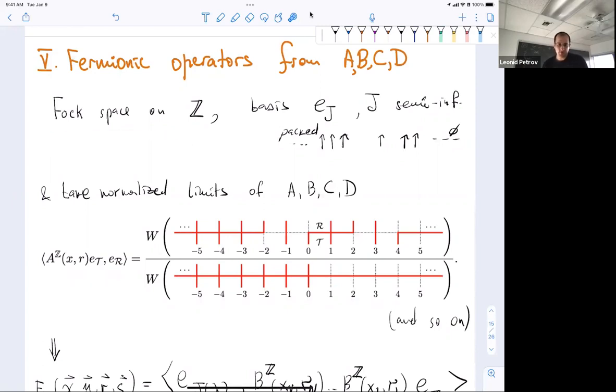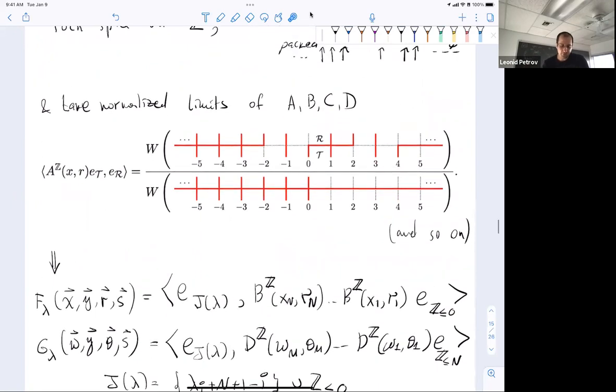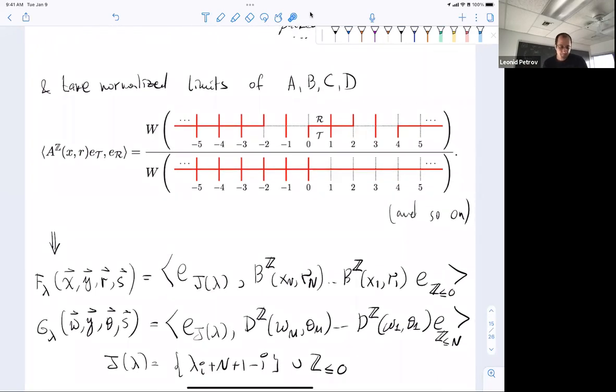We need this because we are going to use the fermionic structure in a second. In this way, I still have my F and G functions defined by the action of B and D operators.